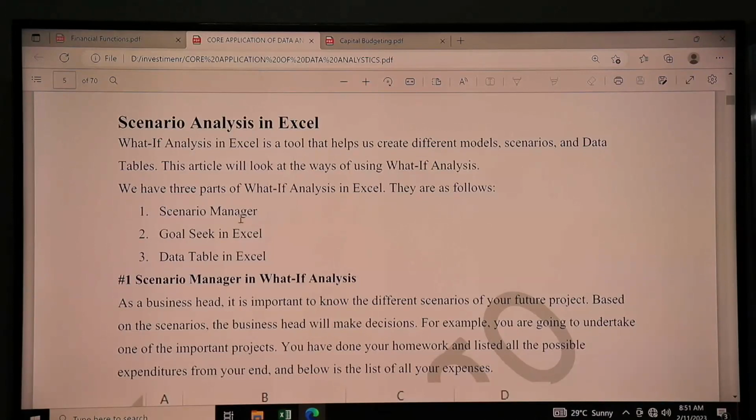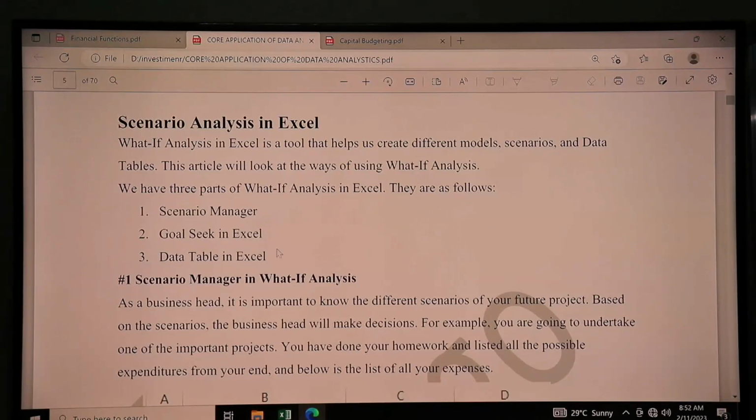The other one is the goal seek, which gives us the break-even analysis. And the last one is the use of data tables. So what we are referring to as sensitivity analysis is the use of data tables.